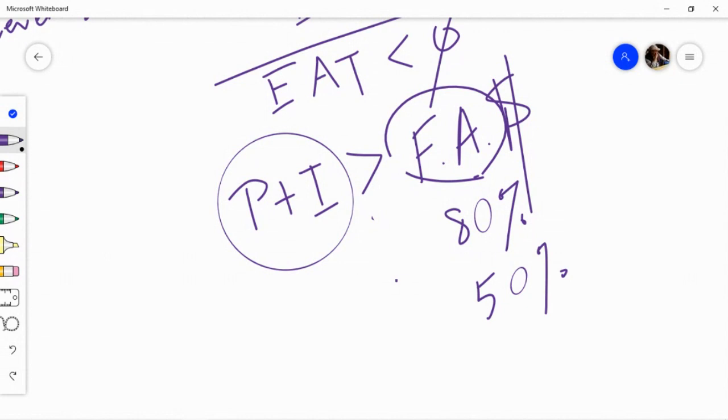No lender will swallow a 50% loss. The lender may swallow up to 20% loss, but no lender will swallow up to 50% loss. Then if that's the case, it's better to go for Chapter 11.